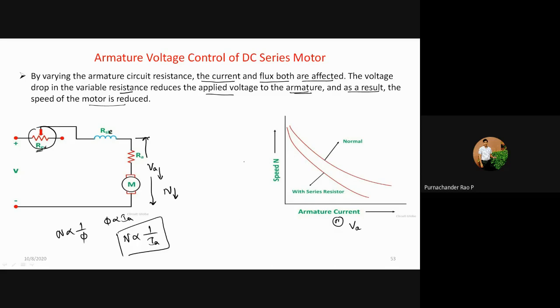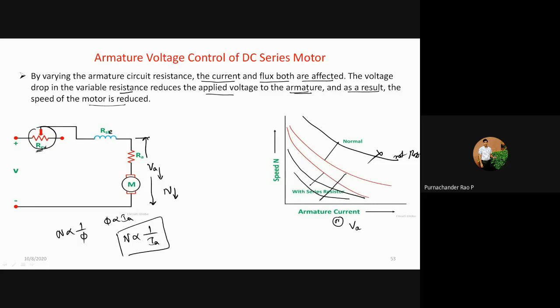Whenever you add external resistance also, the speed of the motor gets reduced from your normal value, and it is always below the rated value. You cannot expect the speed to be like this. Increasing the speed is not possible with the armature voltage control method. So if you go on increasing the resistance, your characteristics will vary like this only.